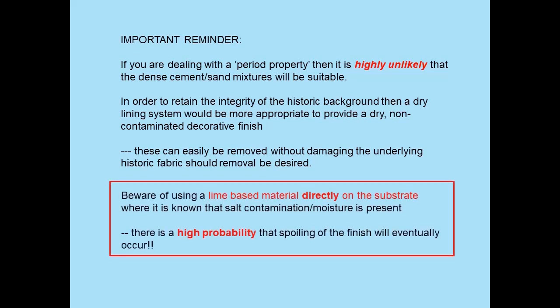The other important feature is beware of using lime-based materials directly on the substrate, where it is known that salt contamination and moisture is present. There is a high probability using such materials that spoiling of the finish will eventually occur.